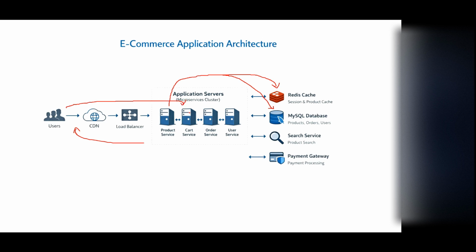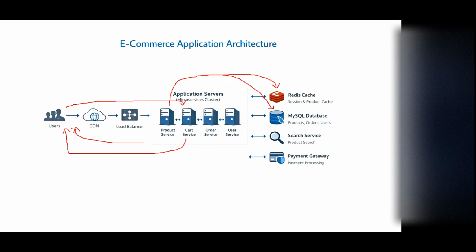The cart service will first check the inventory, whether that particular product is available in the inventory or not. If the inventory is available, it adds that item to the cart database, stores that information inside the cart database, and then sends that information back to the user.